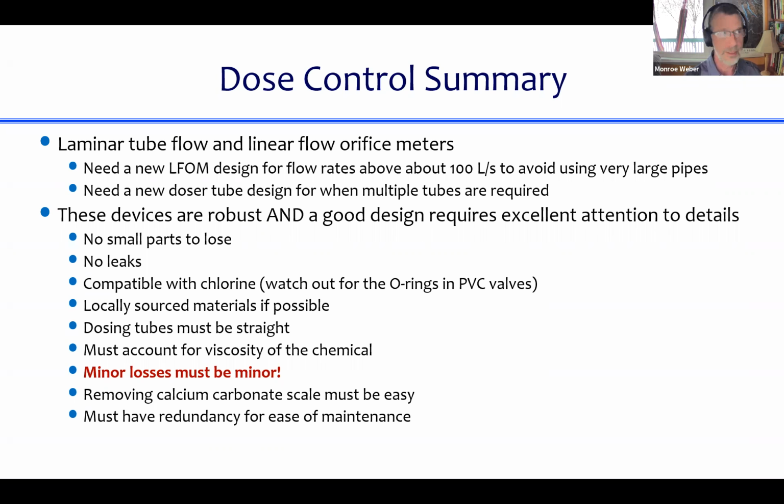You can buy bleach at the grocery store as a liquid. That is actually a really nice chemical to use as a source of chlorine. Many of our local water treatment plants use that instead of chlorine gas, because people don't like to die from chlorine gas, and so they don't like to use it. But with bleach, it's much harder to die from it, so it's much less hazardous. Bleach doesn't deposit any calcium carbonate because it doesn't have any calcium, it has sodium. So that would be a great chemical to use.